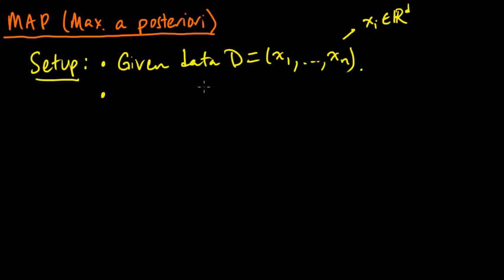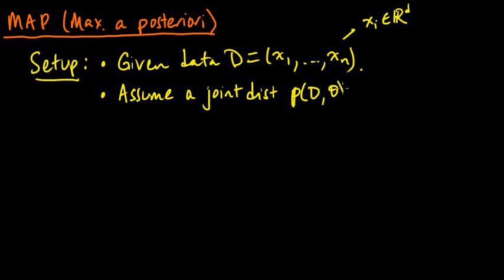So we're given some data, and we assume a probabilistic model. We assume, in particular, a joint distribution on both the data and theta. And theta is going to be a parameter governing the distribution on the data.